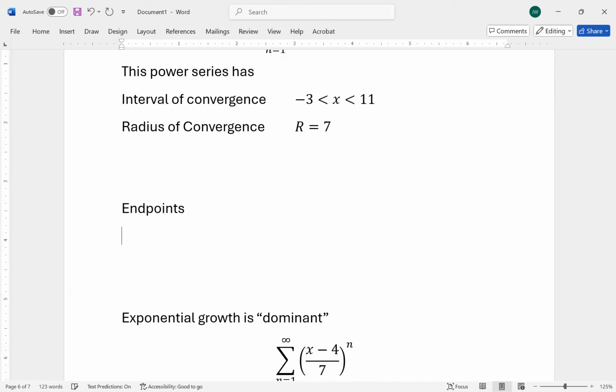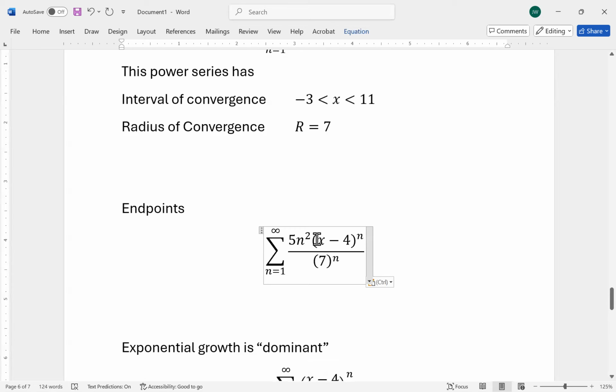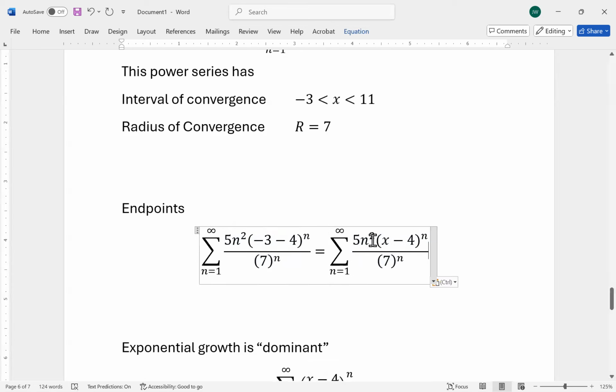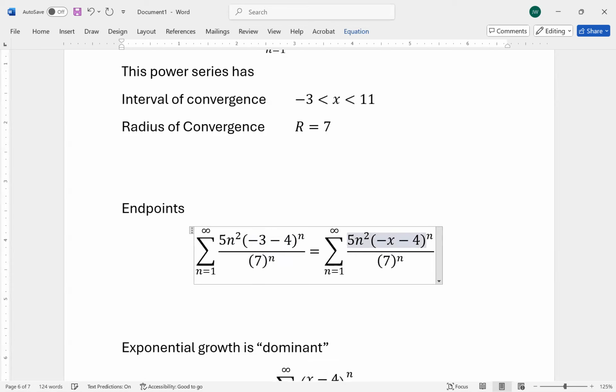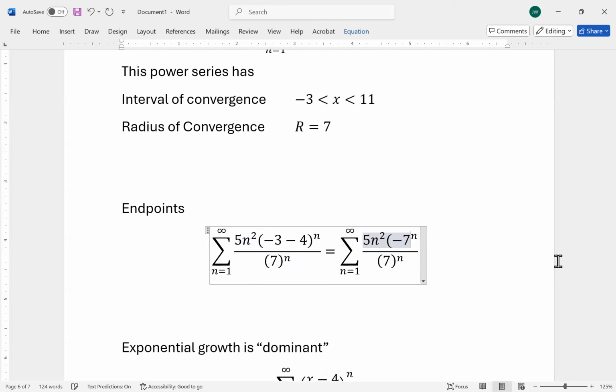I'll check those right here. If I plug in a -3, I get an infinite sum. We'd get -7 raised to the nth power over 7 raised to the nth power.